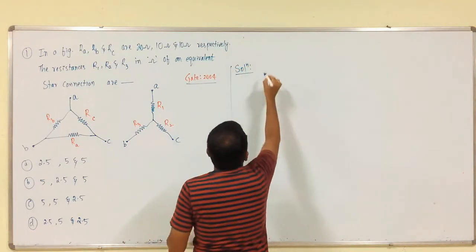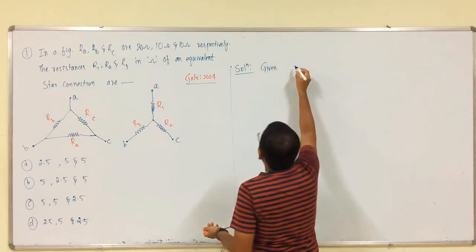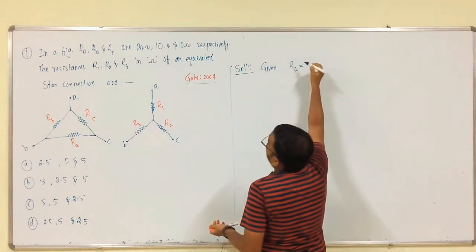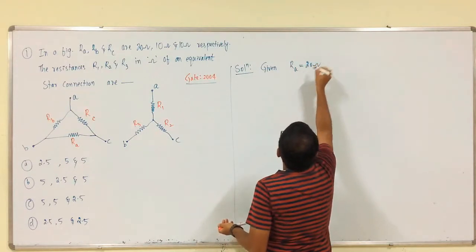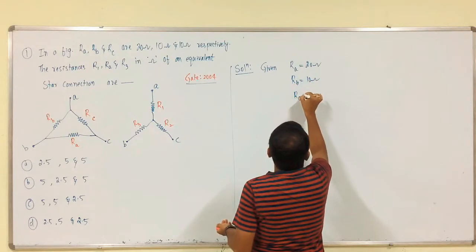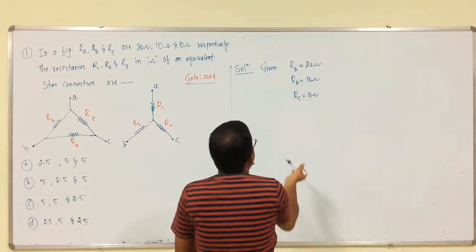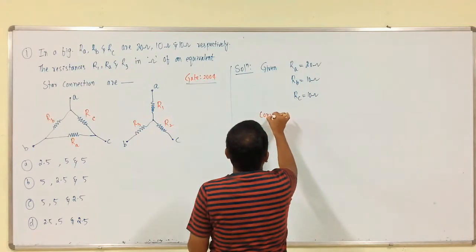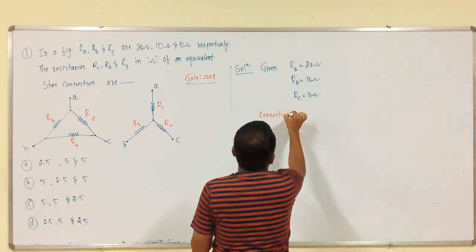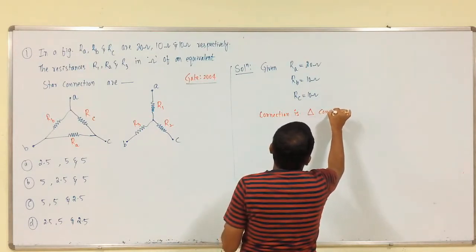Solution. Given RA is equal to 20, RB is equal to 10, RC is equal to 10, right? And the given connection is what? The connection is delta connection.